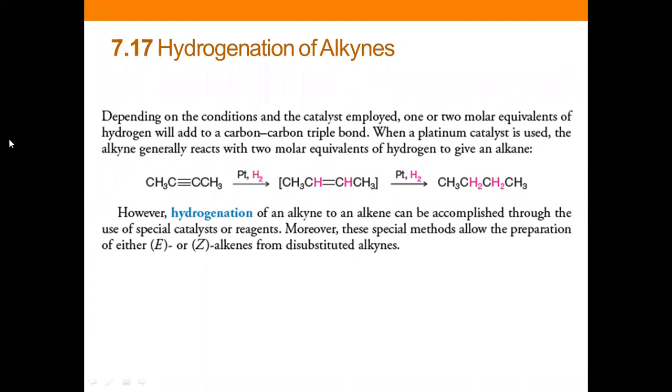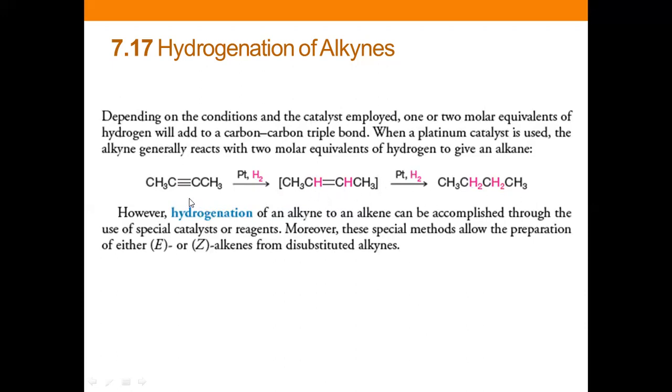So for instance, you have your starting material, platinum and hydrogen. Once the hydrogen is added to your alkyne, you will get 1 mole of hydrogen added to your alkyne. You first obtain your alkene. You need another mole of hydrogen in the presence of your catalyst, of course, and you eliminate your double bond and you actually add 2 hydrogens there.